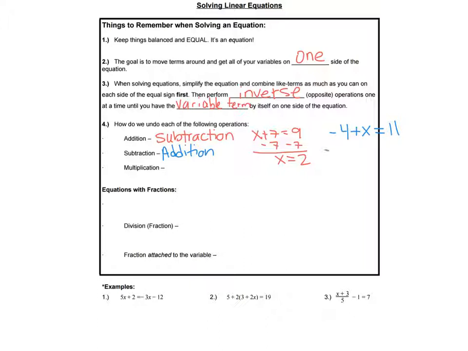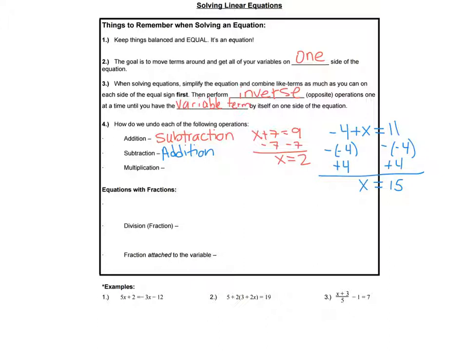So you'd have to subtract negative 4. But subtracting a negative is really just adding. So we'd end up adding the 4. Negative 4 plus 4 is 0, cancels out, leaving you with the x. And then 11 plus 4 gives us 15.